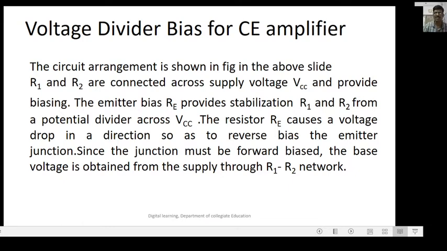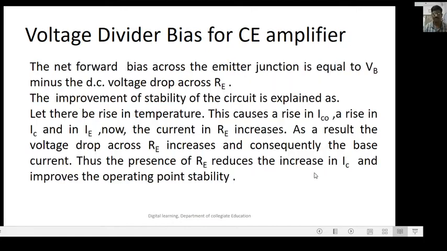Since the junction must be forward biased, the base voltage is obtained from the supply through the R1 R2 network. So the net forward bias across the emitter junction is equal to VB minus the DC voltage drop across RE.